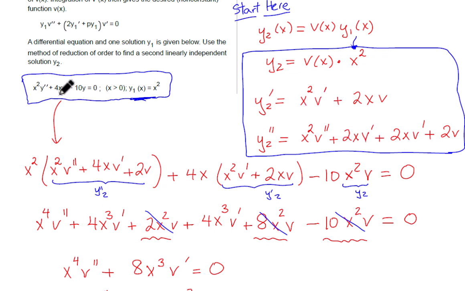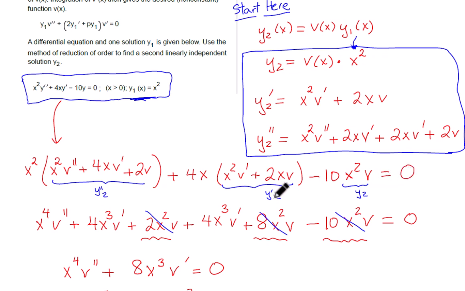So now come back to the equation and let's plug in what I know about y2 double prime. All right, I need y prime, so y2 prime is there. Plug that in. And then finally on the end here, I've got y2. y2 is just x squared v equals 0.